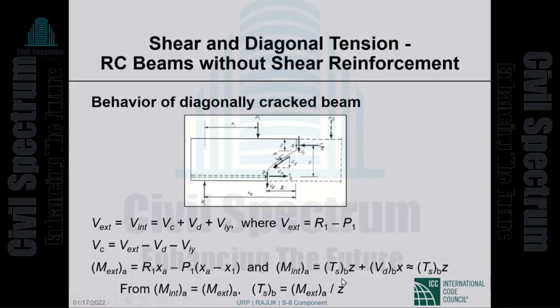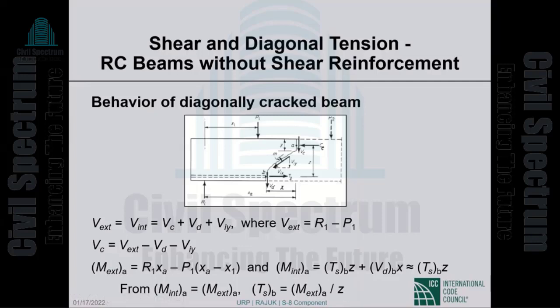Then we have internal moment equal to the tension at point B multiplied by the Z. Okay. So if we write M internal is equal to M external, then the tension at point B is M external at point A divided by Z.